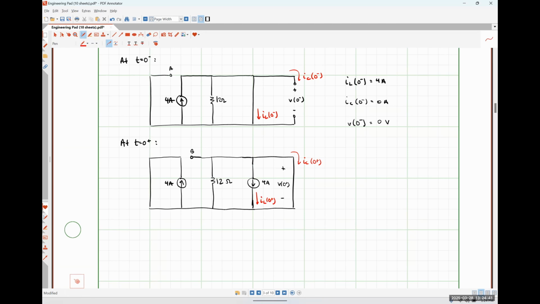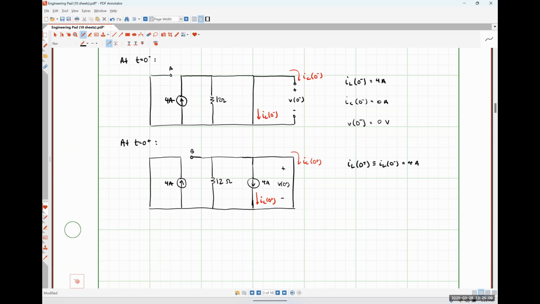So let me double check this, just because we made a mistake a moment ago. We know that IL at 0 plus must be equal to IL at 0 minus, which was 4 amps. That's where that 4 amp source came from. The direction is down because IL was defined to be down.